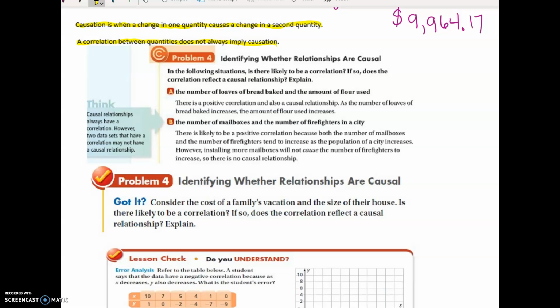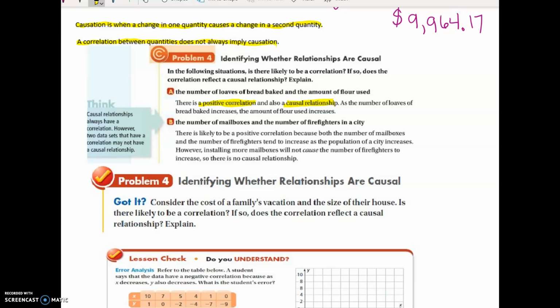So that would seem to pose a positive correlation and also a causal relationship, because as you bake more loaves of bread, you also have to change the amount of flour that is being used. So it increases. So one causes the other to change. And so we could say in that case that it was both a positive correlation and has a causal relationship.